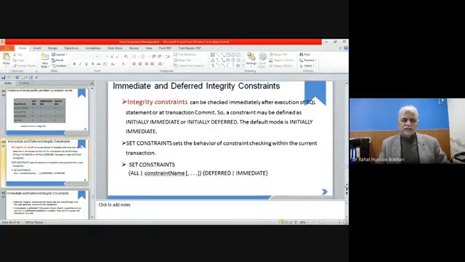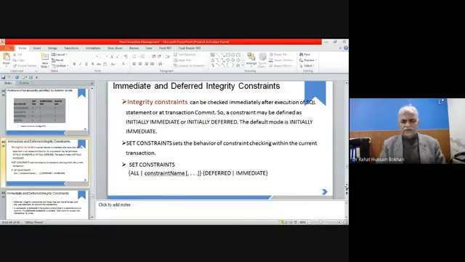And the other aspect is immediate and deferred integrity constraints. Integrity constraints can be checked immediately after the execution of an SQL statement or at the transaction commit. A constraint may be defined as initially immediate or initially deferred.